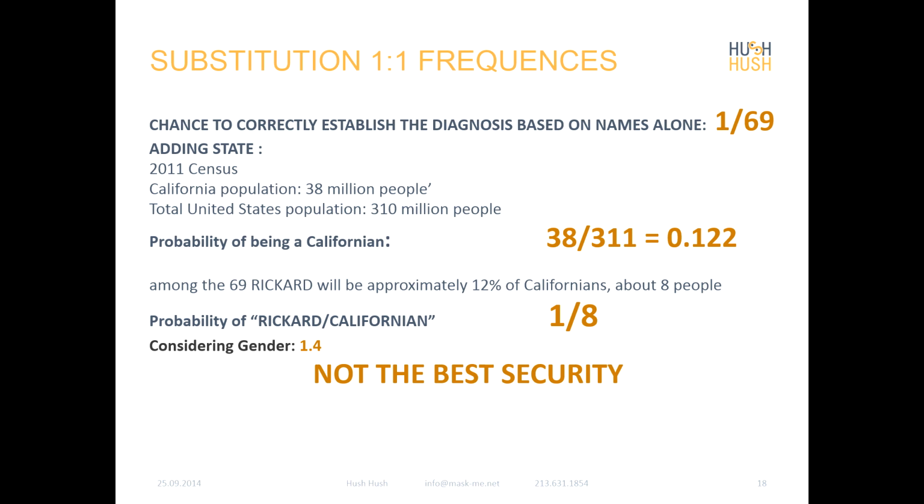If you know the information about the place of residence, state of California, then the names of 6,250 will be approximately 12% of Californians, i.e., 750 people. The probability of guessing is 1 out of 750. Knowing that Suk is a man, we find that the probability of a correct diagnosis of the situation is approximately 1 out of 375.